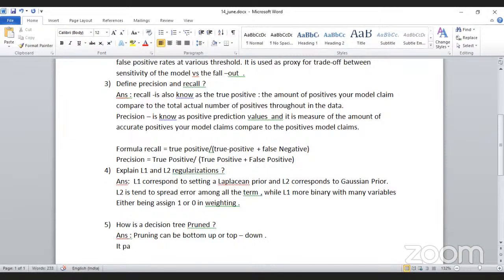It is an approach such as reduce error pruning. Okay.